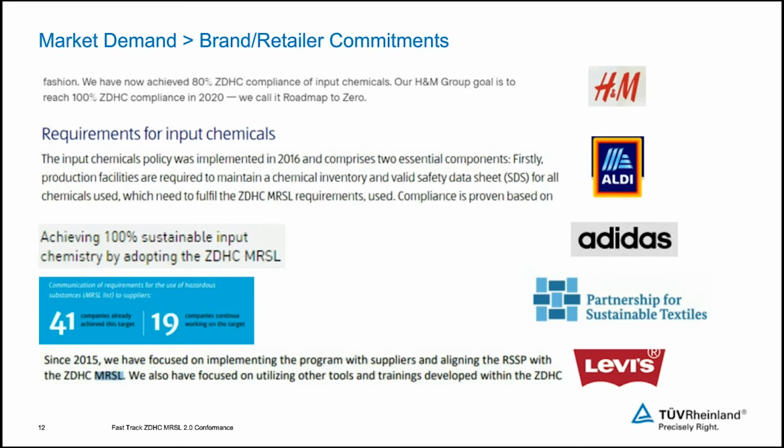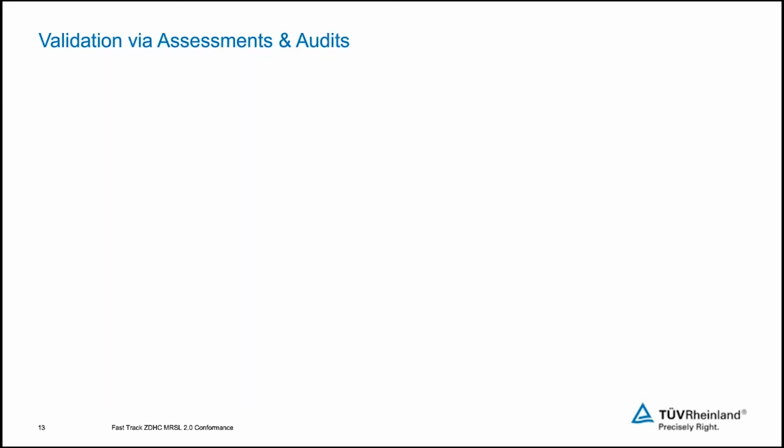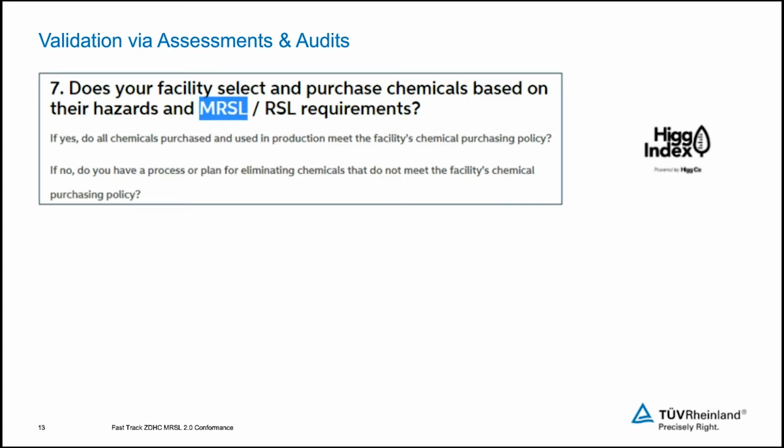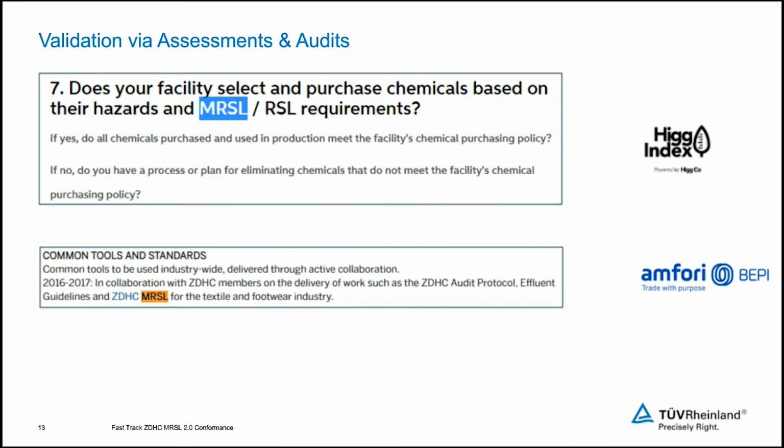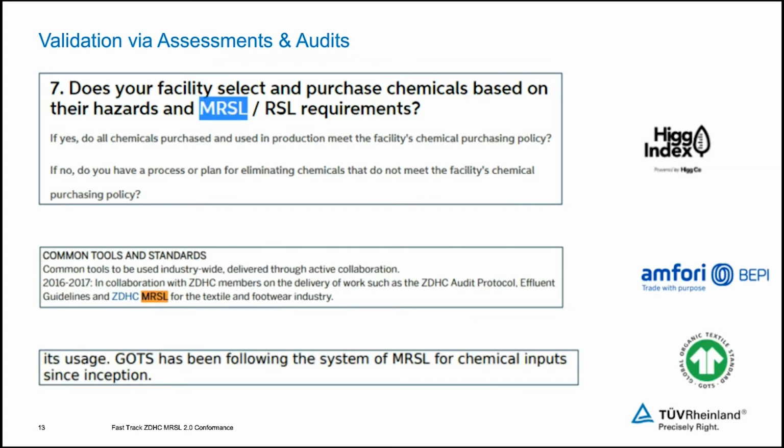Naturally, then, the MRSL also made its way within verification and audit programs like the Higg FEM, the Amfori BSCI, and GOTS. It's also listed as criteria for eco-labels like Blue Angel and Green Button.